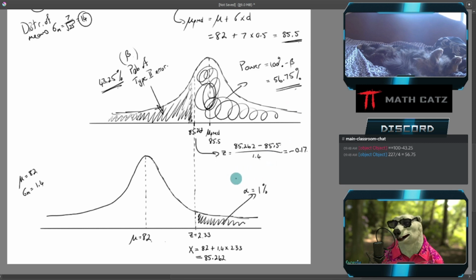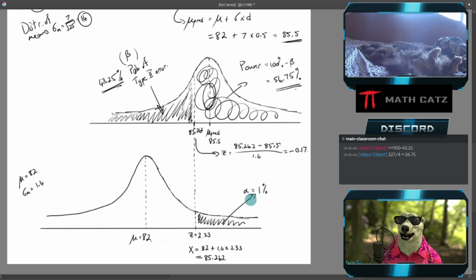All right. So again, let's go through the two errors. Type 1, the easy one, alpha. If the null hypothesis is true, I'm looking at the bottom distribution, then the probability of rejecting the null hypothesis is the probability of getting a score past this cutoff line on this distribution.